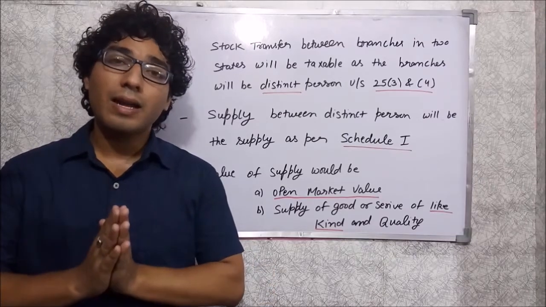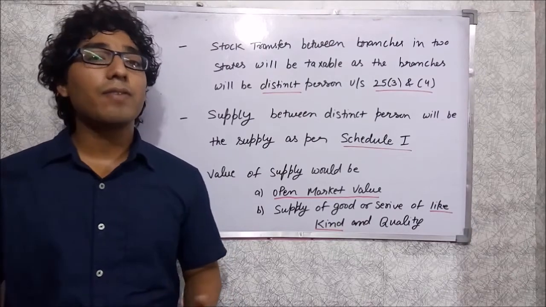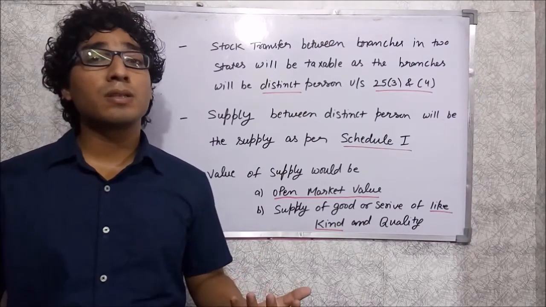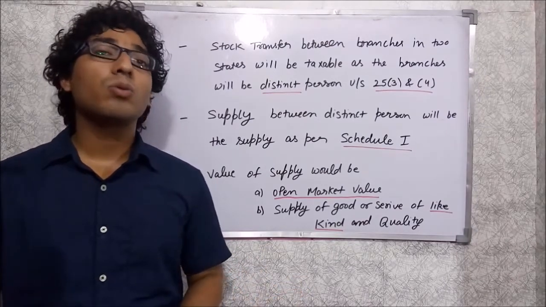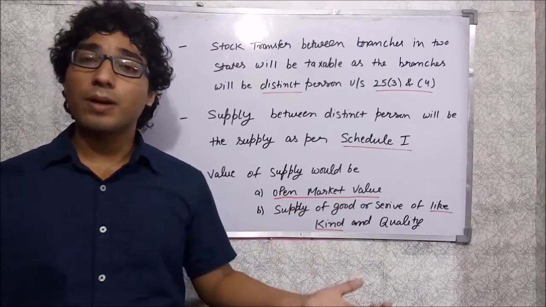And if those persons are treated as distinct persons, that means every supply of goods or services between those persons will be treated as a supply to a different person, to some other person.